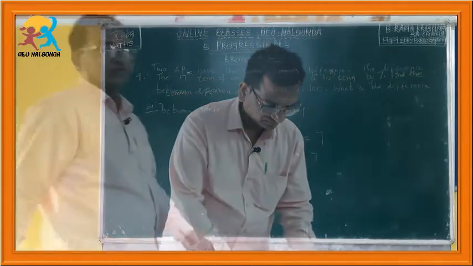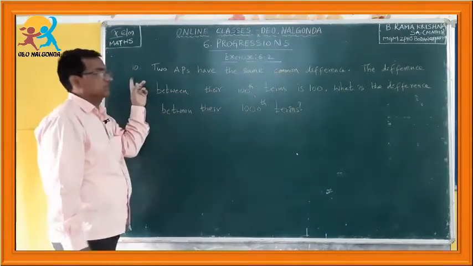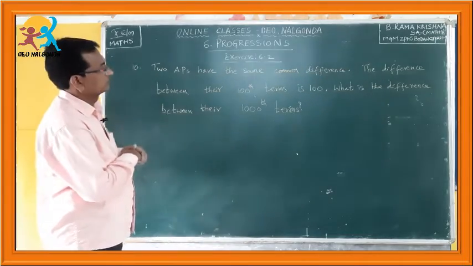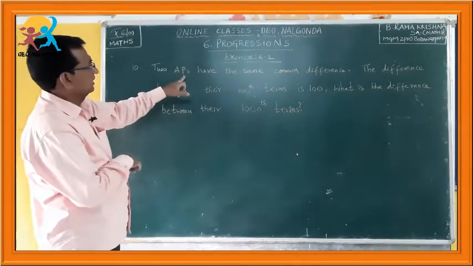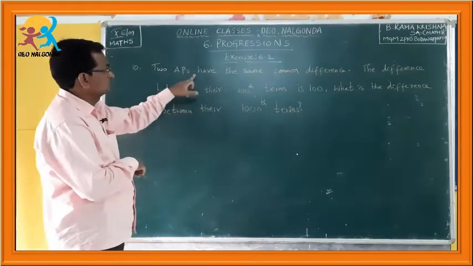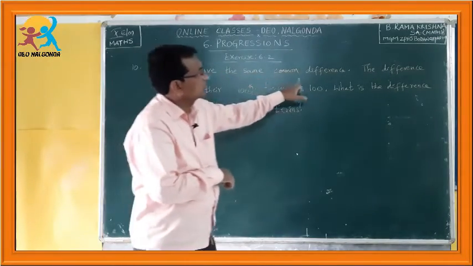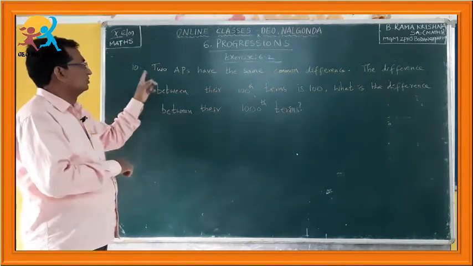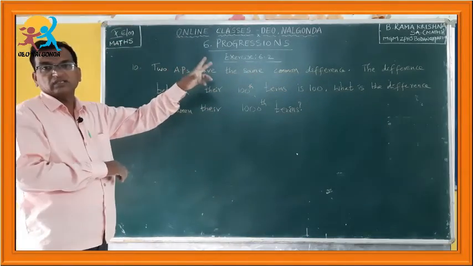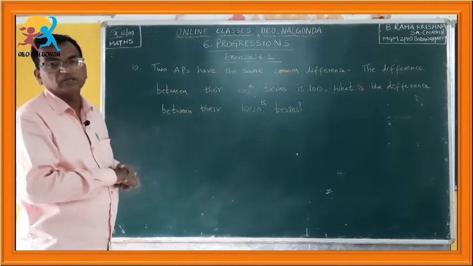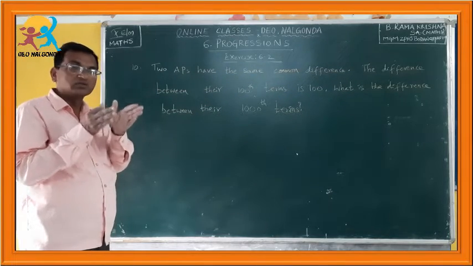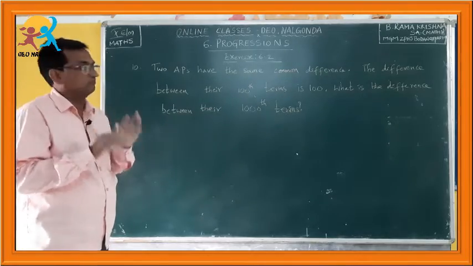Coming to the next question, that is the 10th question. I am reading it for you. Two APs, arithmetic progressions, have the same common difference. Try to understand the question. It means the common difference in those two APs is the same.